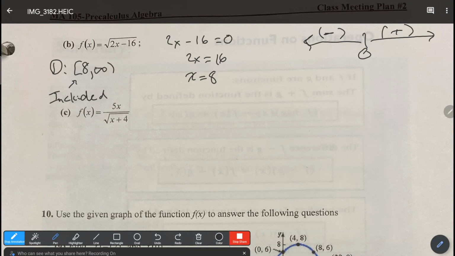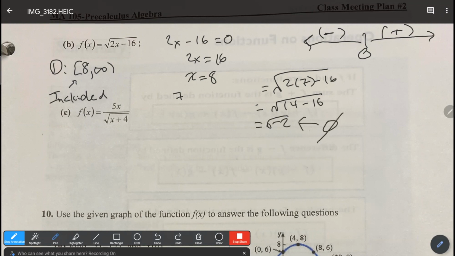We can prove it. Try 7. So I'll put 7 in there. I'd have square root of 2 times 7 minus 16, which is square root of 14 minus 16, which is the square root of negative 2, which, once again, can't do, not in the reals.